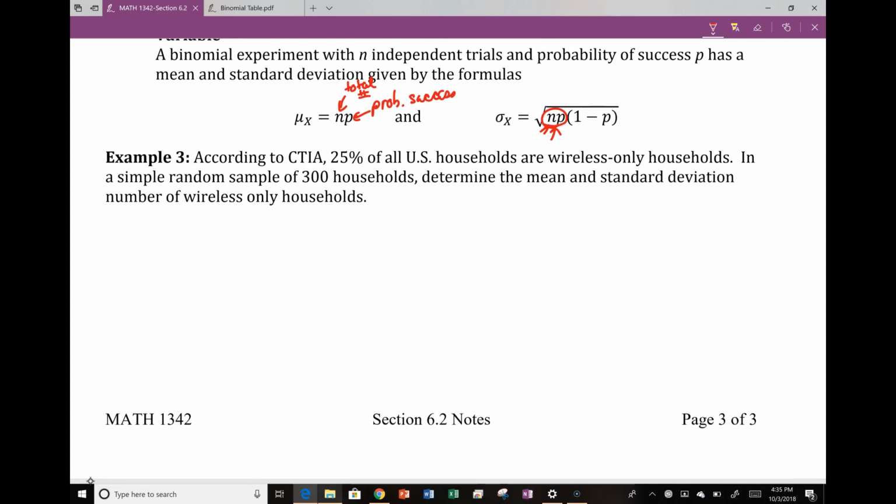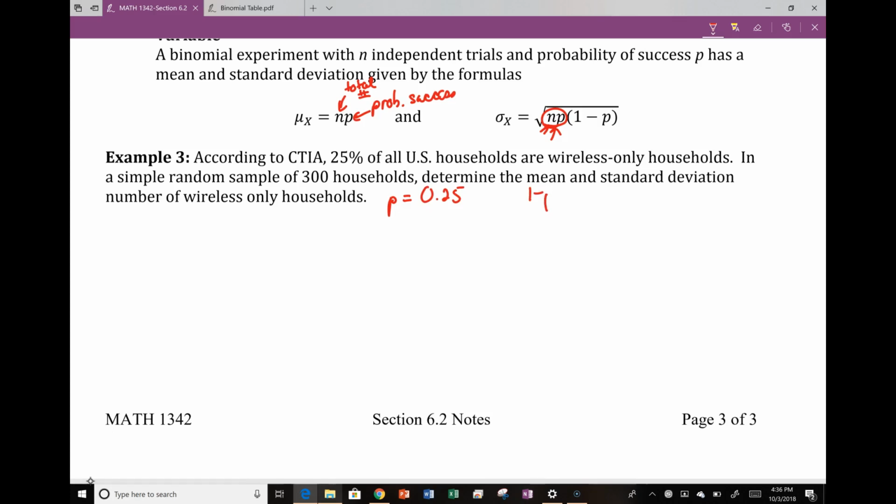So let's look at example 3. According to CTIA, 25% of all U.S. households are wireless-only households. In a simple random sample of 300 households, determine the mean and standard deviation number of wireless-only households. So we know that the probability that they're wireless-only is 0.25.